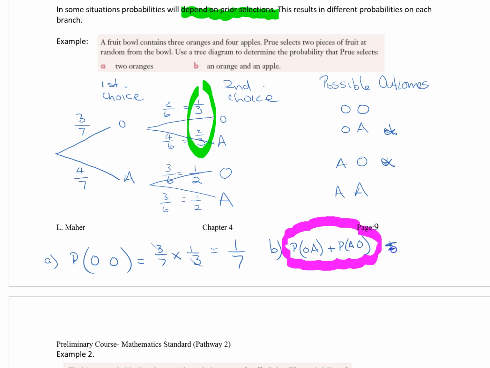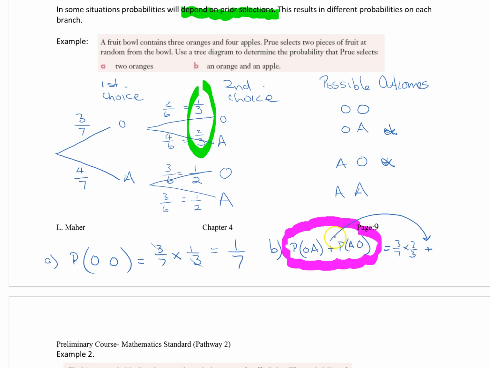So that's equal to, let's get rid of that. What is the probability of an orange and an apple? An orange is 3 in 7, followed then by an apple, which is 2 in 3. Add.